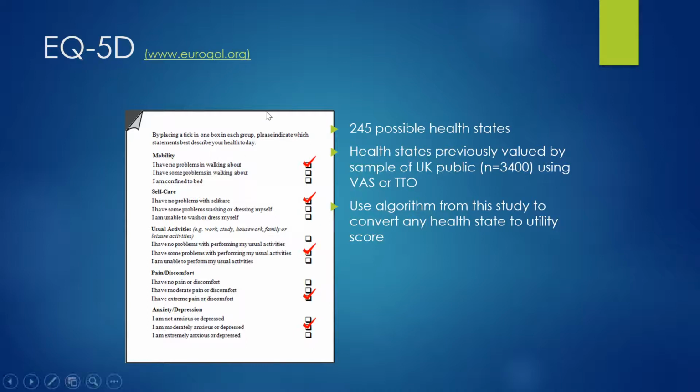As you can see, there are 245 possible health states, and they have been used. There's actual UK public data available about these health states, and based on that, they have come up with specific values.